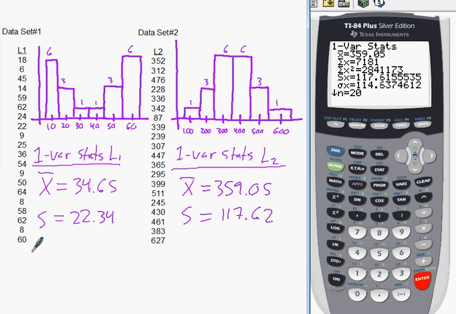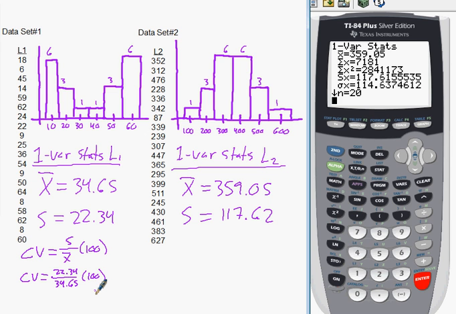Now the coefficient of variation, CV, is defined as the standard deviation over the mean times 100. It's a percent. So in this case, we're going to do 22.34 over 34.65.